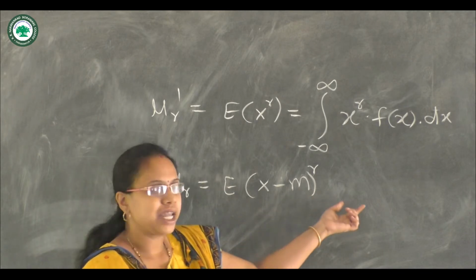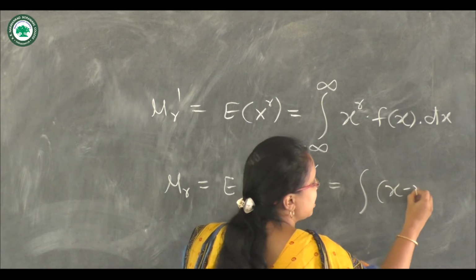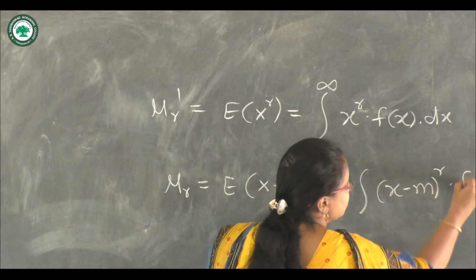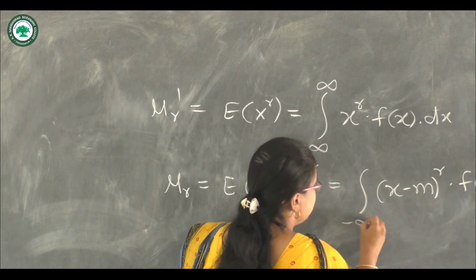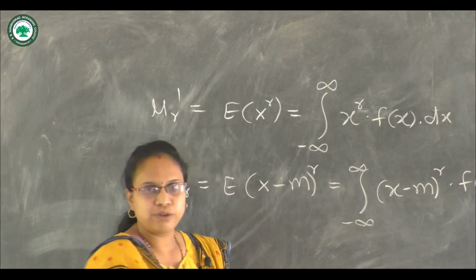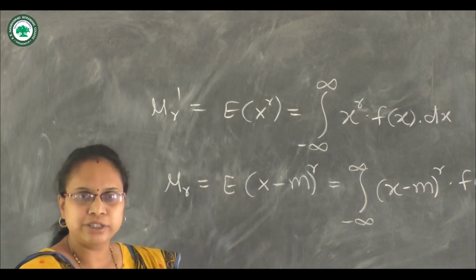This can be calculated by using the integration of (x minus m) raised to r into f of x dx. So by using these two formulas, we can find the raw moments and the central moments.